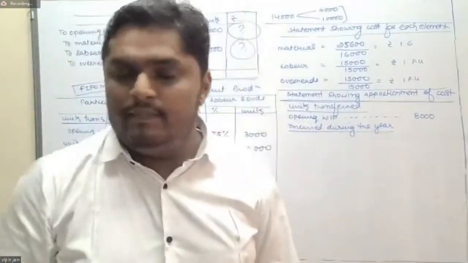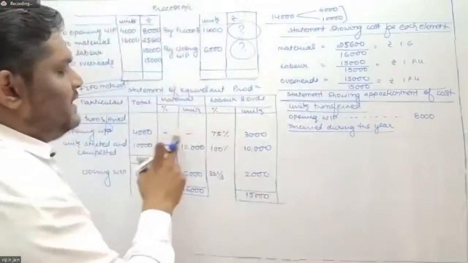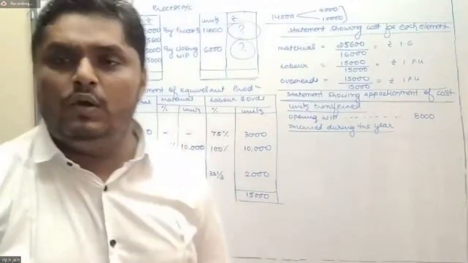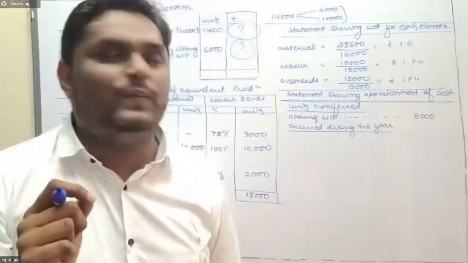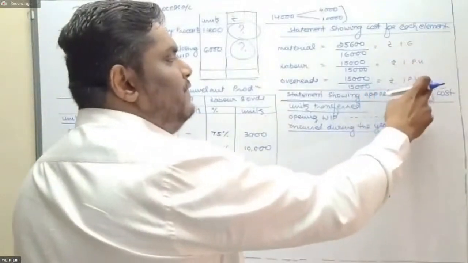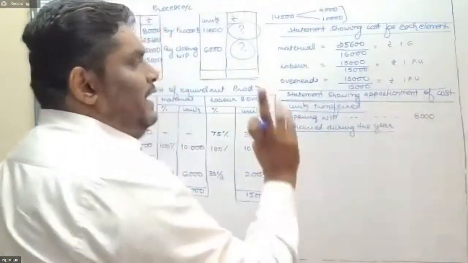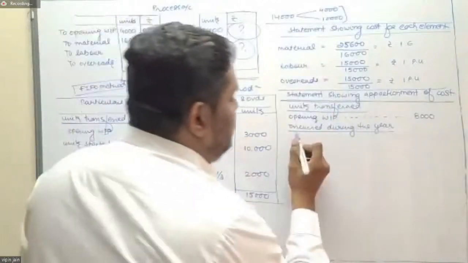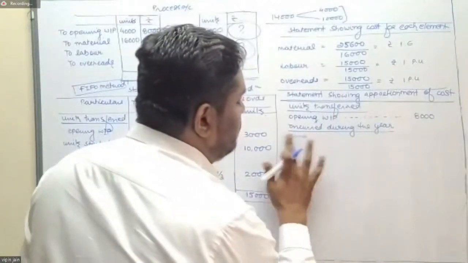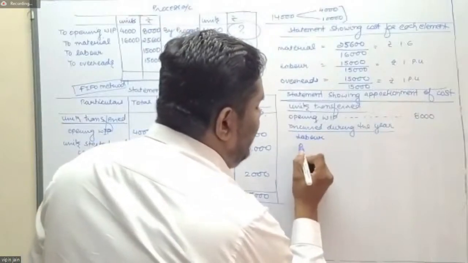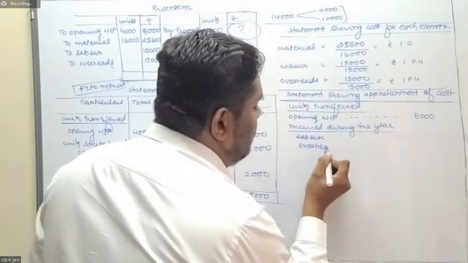Now see, as far as material is concerned, it is 100% processed. However, as far as labor and overheads are concerned, they are 75% processed. So either we take 75% of this, 75% of this into 4,000 units, or alternatively we can take 3,000 units for labor and overheads.